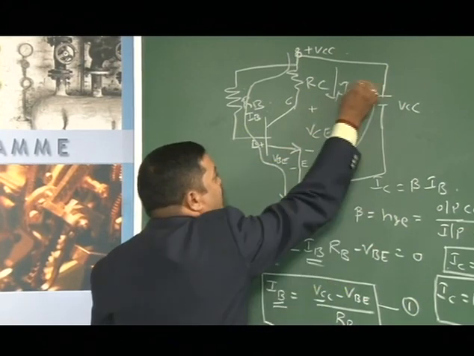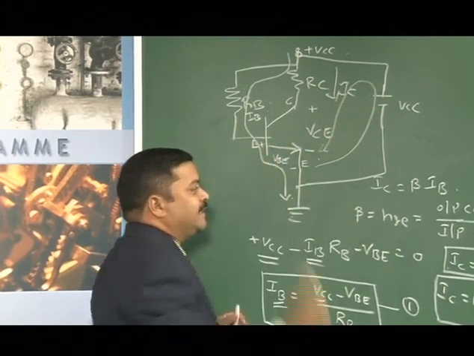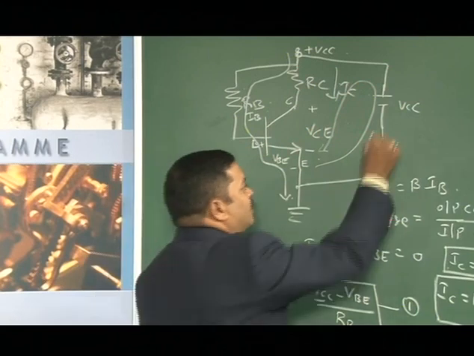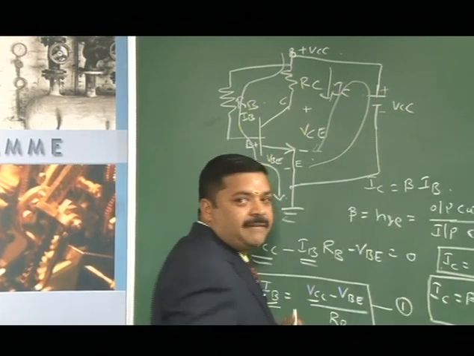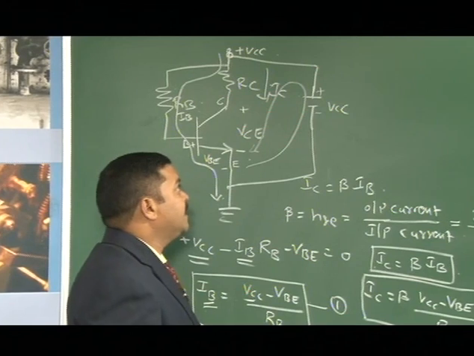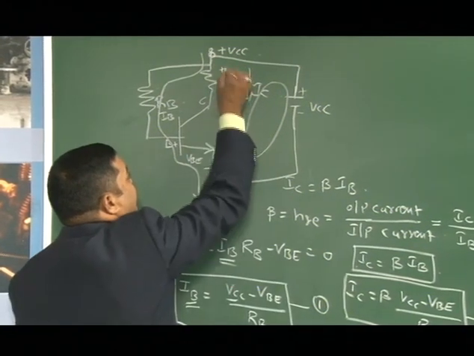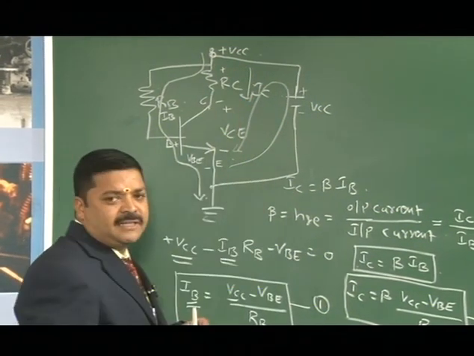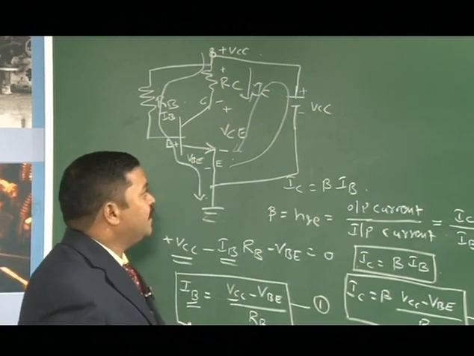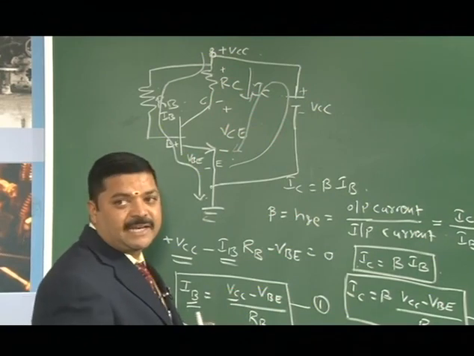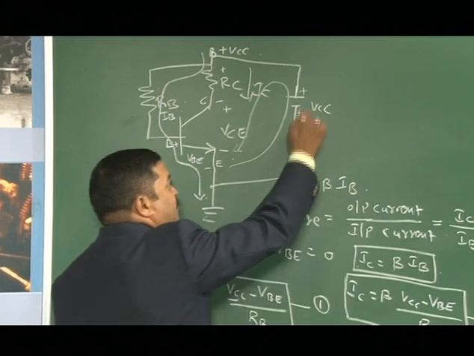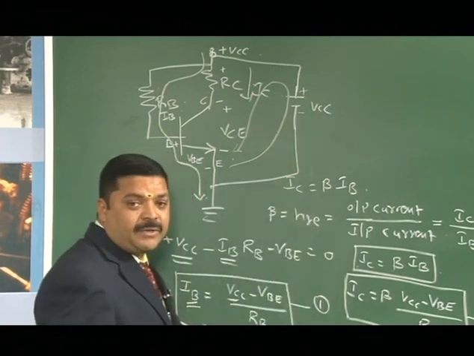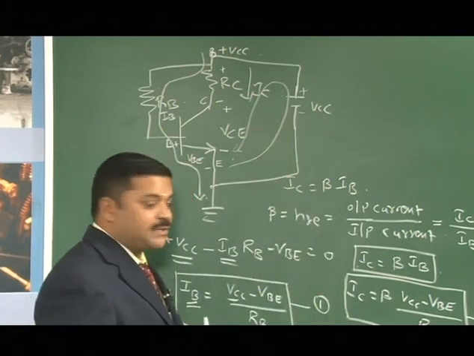Applying KVL to the output loop in this direction, as I told you, minus to plus I will take as positive, and plus to minus I will take as negative. It is a conventional thing. Even if you want to assume in the reverse direction also, minus to plus you can take as negative, plus to minus you can take as positive.